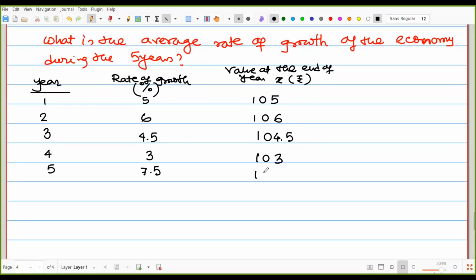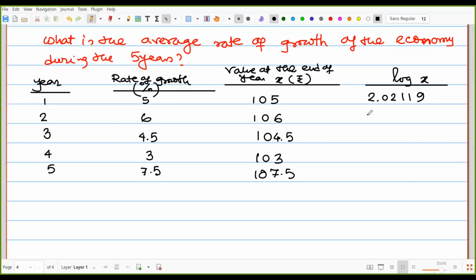Then 103, then 107.5. We have to find out the log x here. And log of 105 gives us the value 2.02119, then 2.02531, 2.01912, 2.01284, 2.03141.